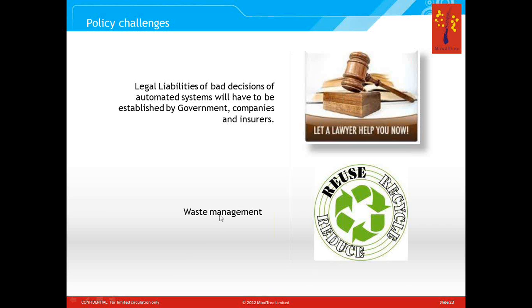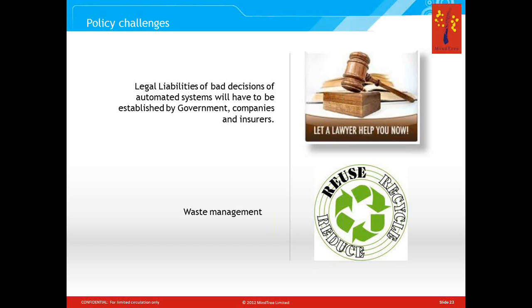Waste management is going to be a challenge. All these sensors and actuators you have deployed, thrown all over like smart dust, what about the waste? When they stop working, what happens to them? Are they biodegradable, or are we just creating a lot of waste spread across?